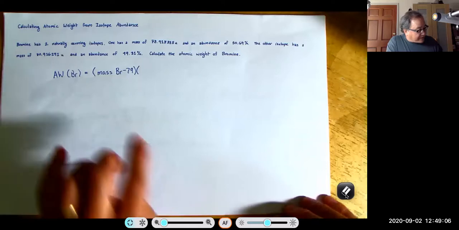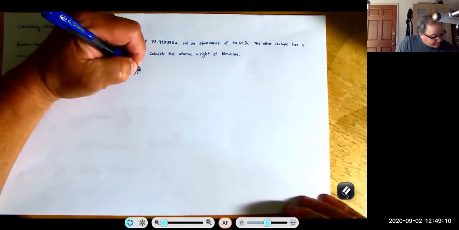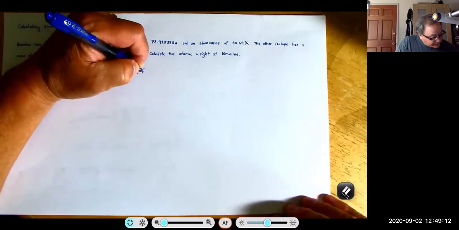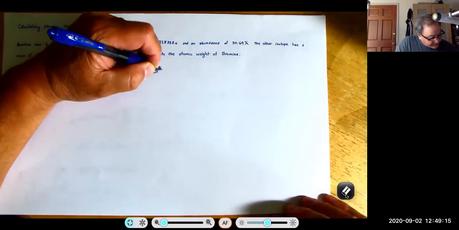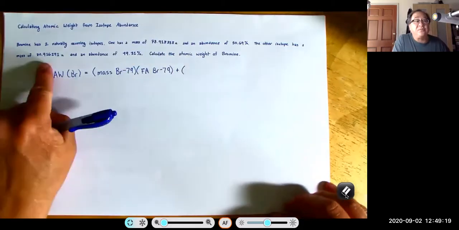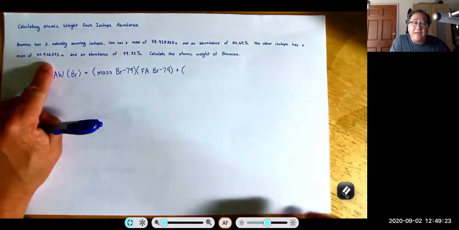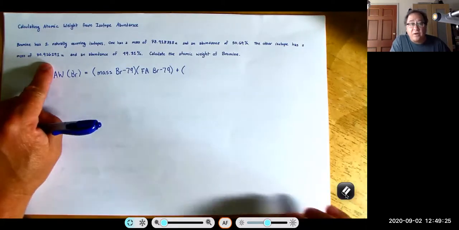Okay, so we have the mass of bromine-79 times the fractional abundance of bromine-79, plus, let's take a look at that other isotope. What is the mass number of that one? Well, 80.9 rounds to 81.